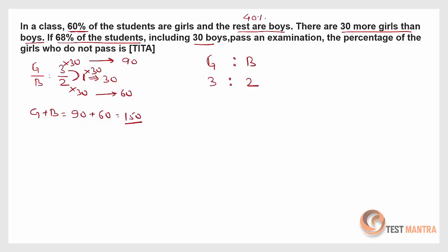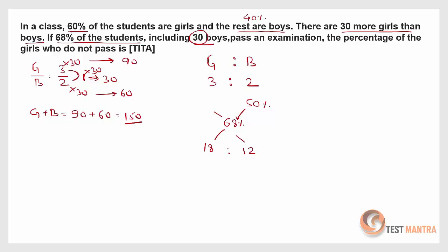Out of these, 30 boys passed, which represents 50% of the boys. The overall figure is 68%. So this difference is 18, and I want these two differences in the ratio of 3:2. That represents this will be 12.